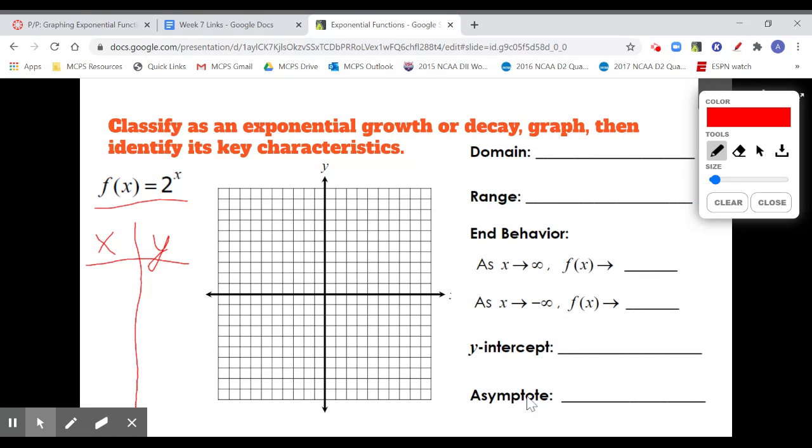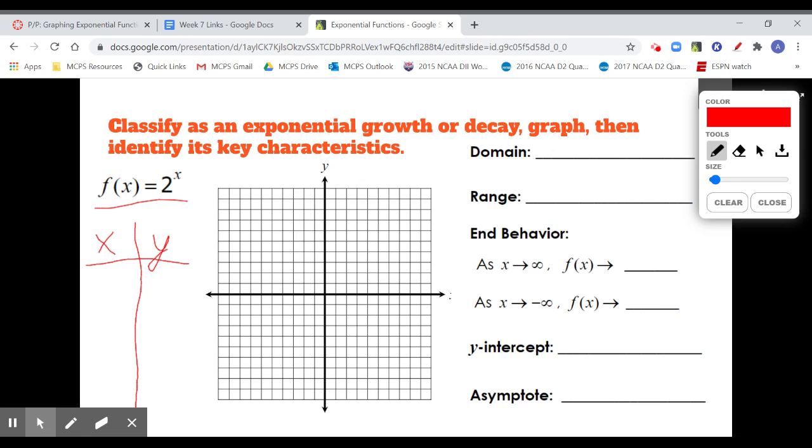In order to figure out what points are on the graph, I'm going to have to pick a few x values. What's important to consider when working with an exponential function is what we talked about with exponential growth: these functions grow really, really fast. Really quickly, they get really big. So you have to be careful when you choose x values to make sure that the y value will actually also be on the graph.